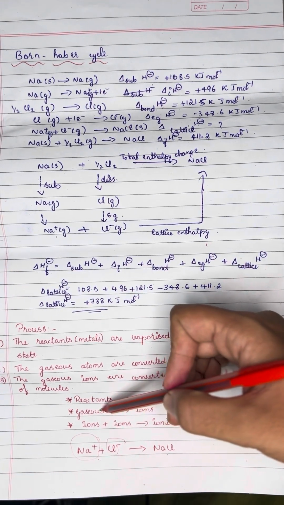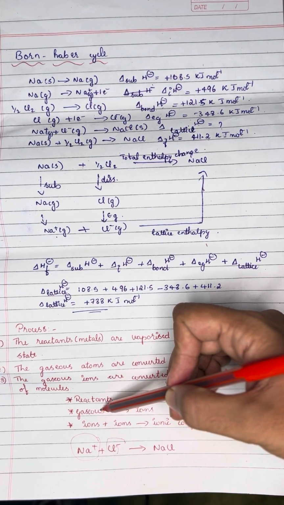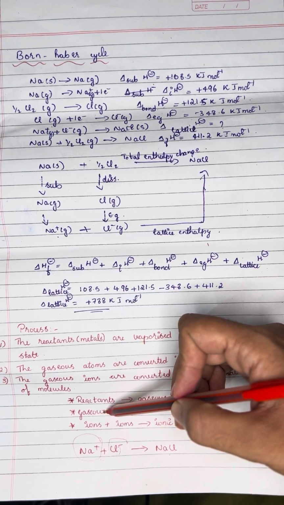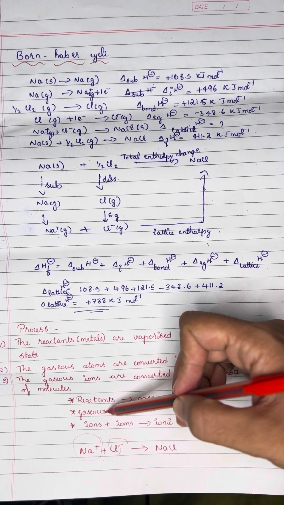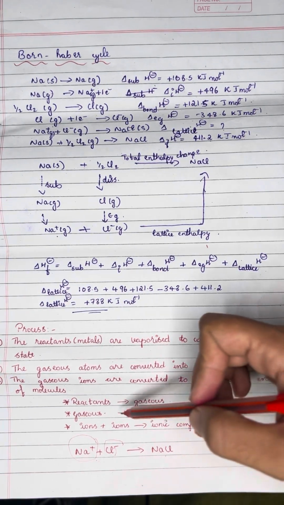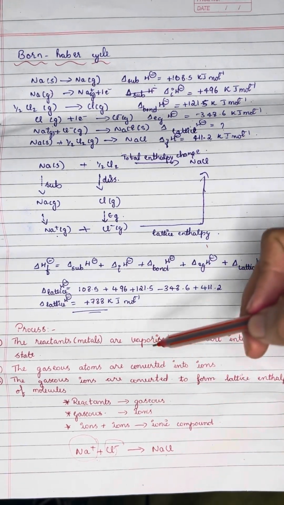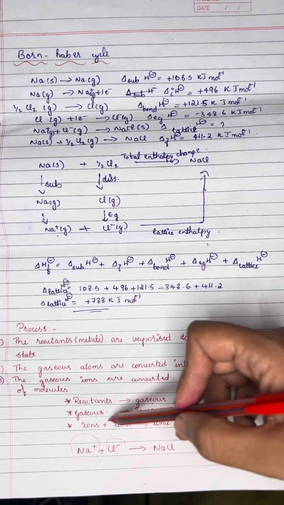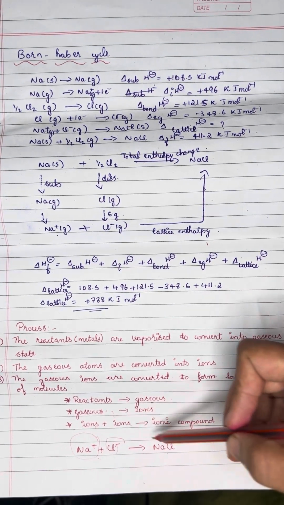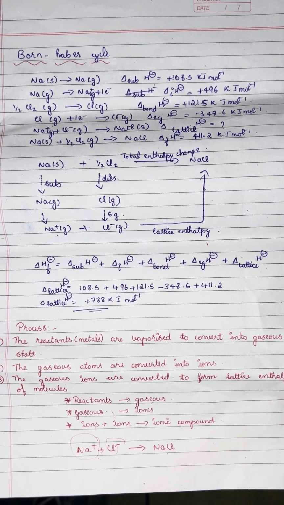So gaseous Na is getting converted to Na plus, and half Cl2, which is the Cl in the gaseous state, is getting converted to the Cl minus ion. So we are completed with the second step, and in the next step these both ions will be combining together, right? So here Na plus will be combining with the Cl minus to form the ionic compound, that is NaCl.